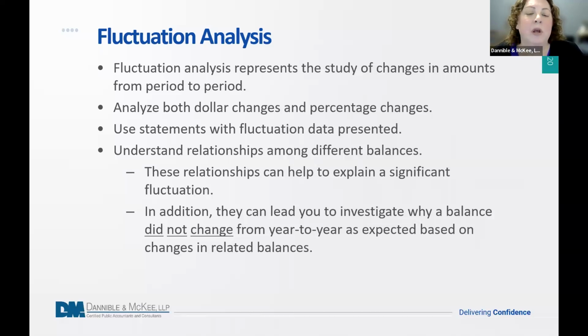Putting those fluctuation analyses in your financial statements is going to help. And I also tell my clients to add some sort of a narrative. You can make a little column to tick mark on the side, some things that stand out to you, and put a little comment on the bottom of the financial statement of what the reason is for the fluctuation. So you can prompt those questions before they're even asked.